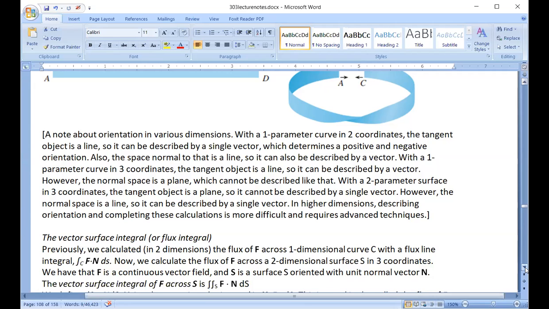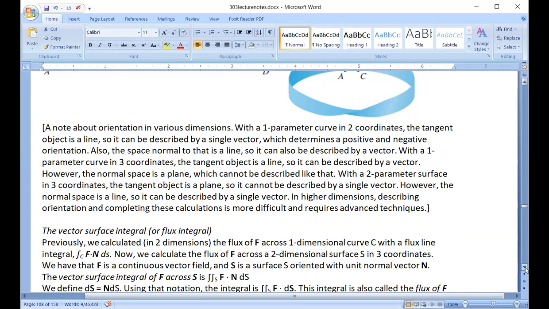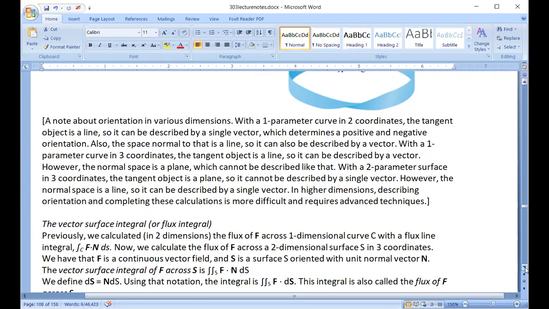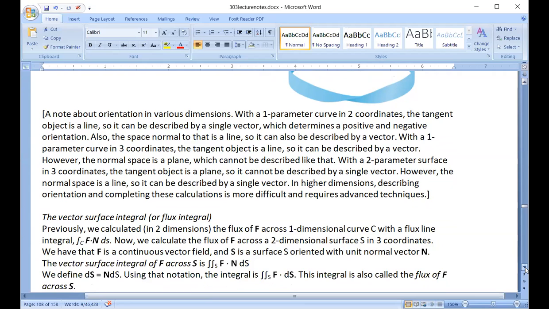And one thing we do is define d bold S, or oriented surface element, as unit vector n dS. So using that notation, we can write the integral as the double integral over the surface of F dot dS. And this integral is also called the flux of vector field F across oriented surface S.